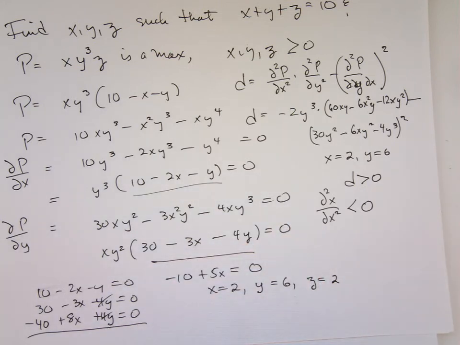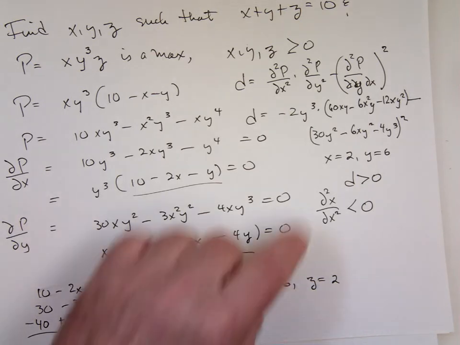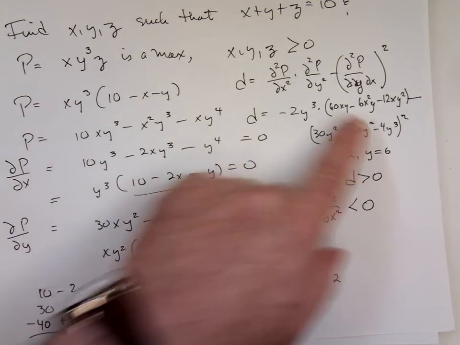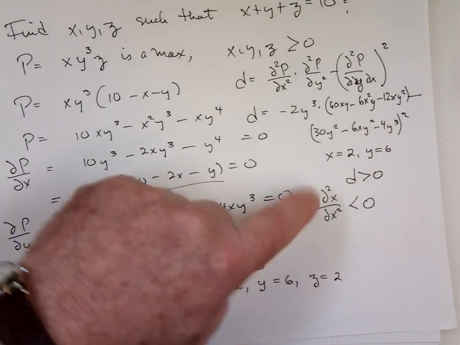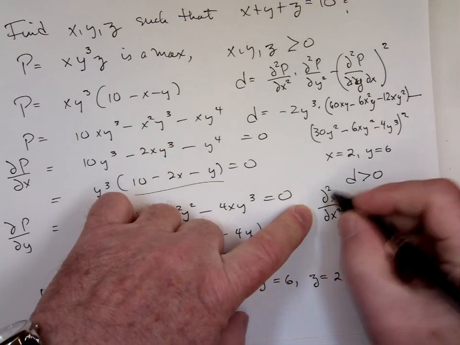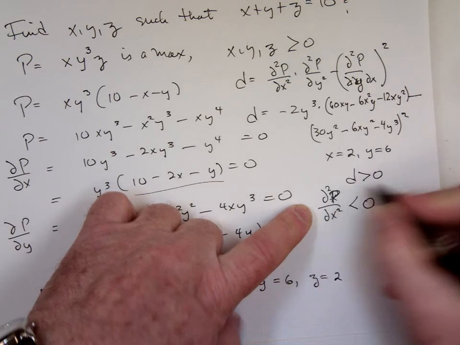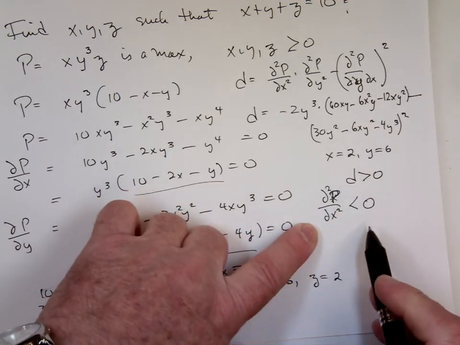Set each partial equal to 0, and then you just need to know if the second partial is greater than or less than 0. You have to know if d is greater than 0 first, and the second partial with respect to x is less than 0. That will give you a relative max.